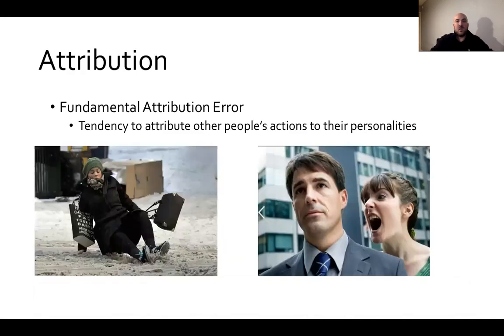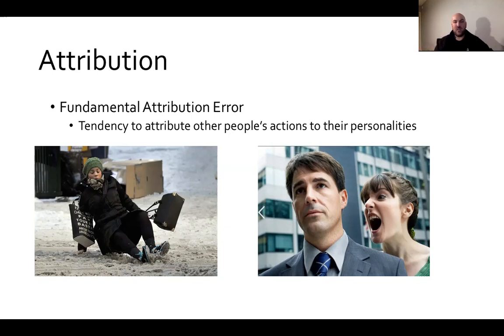So, let's first start off talking about social cognition, specifically people's attitudes and behaviors. Of all the different topics covered within social psychology, the one that's probably garnered the most attention is attribution. You may not use that word a lot, but it really refers to why. Why are people doing the things that they're doing? I know I've asked myself that about my own family members and friends, like why in the world would you do that?